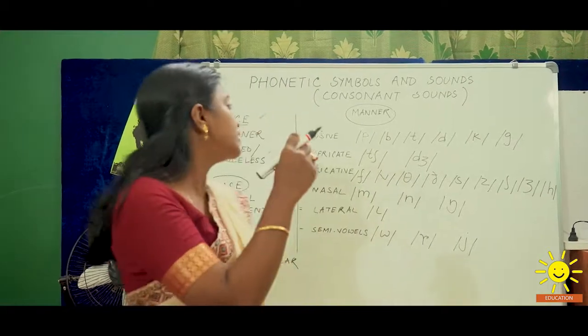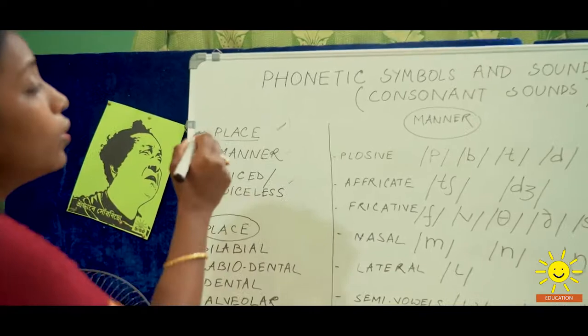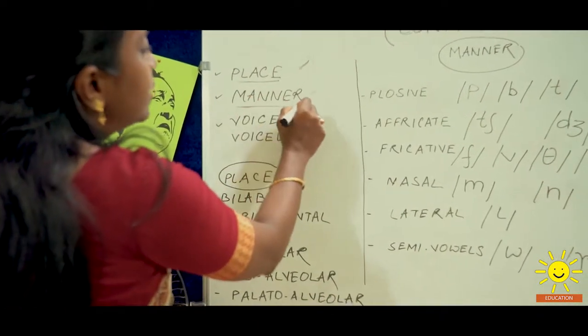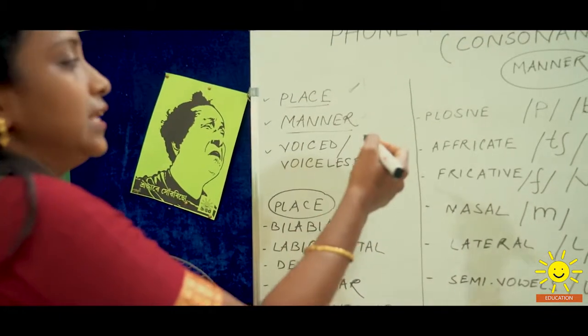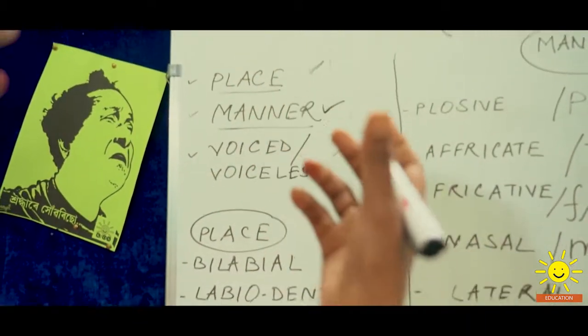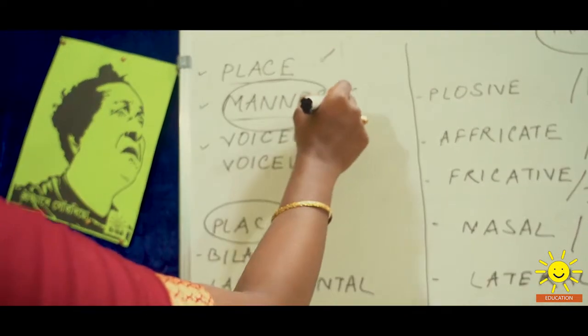So, place of articulation means the place where the narrowing or the closure takes place. Manner of articulation means what is the style or what is the kind of closure, what is the kind of narrowing.